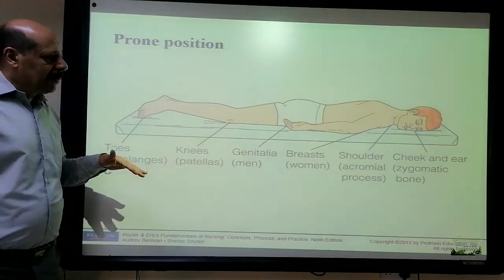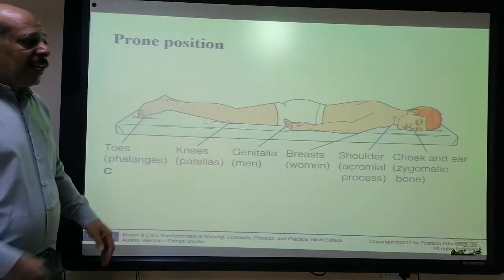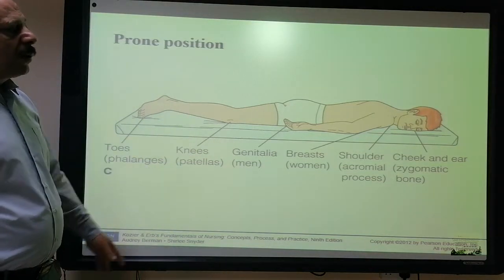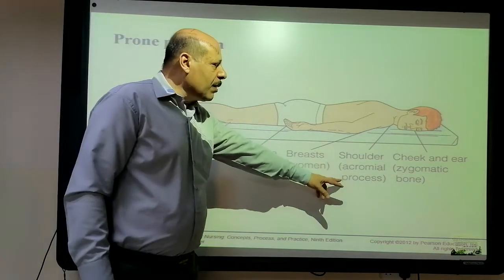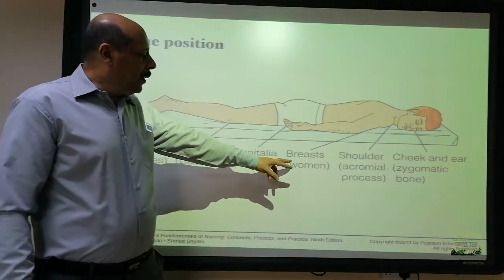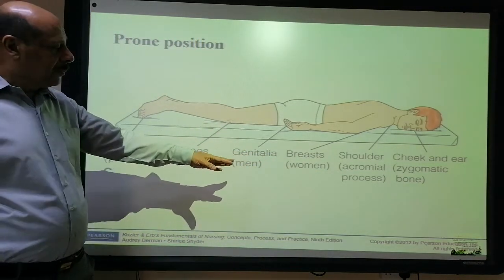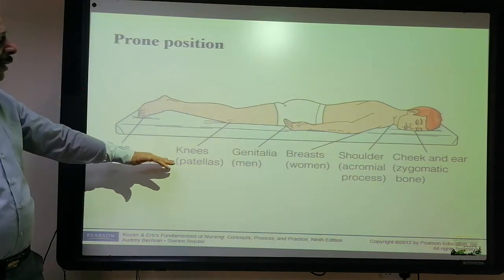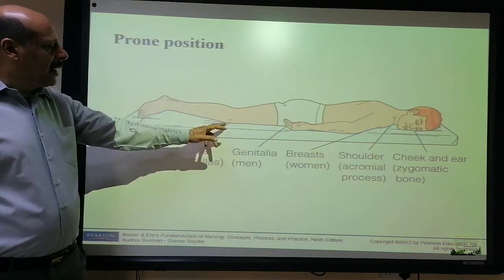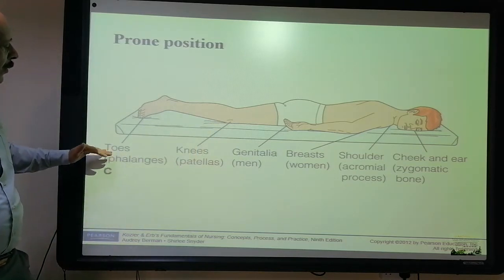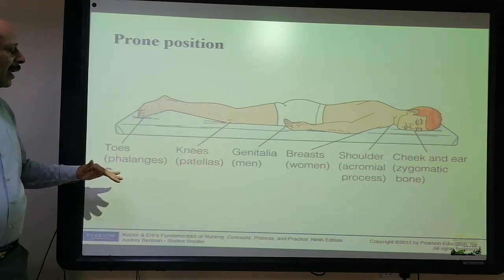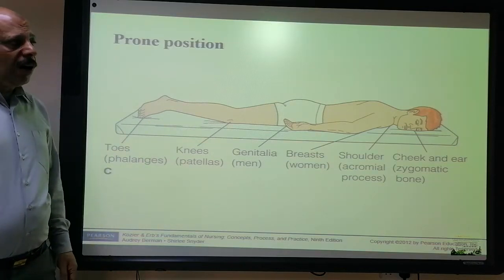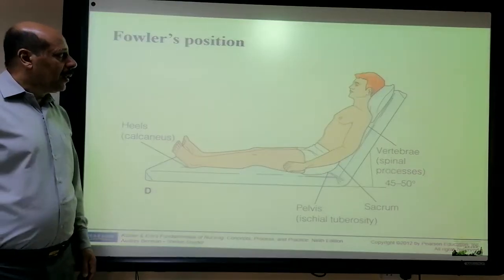In prone position, the cheek and ears, the zygomatic bone also is more prone. Shoulder, acromion process, the breast in women and even in men, genitalia in men, knee and patellas, and also the toes and phalanges are more prone to formation of bed sore.